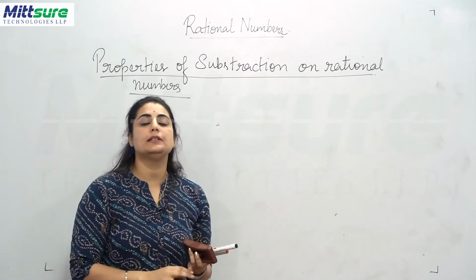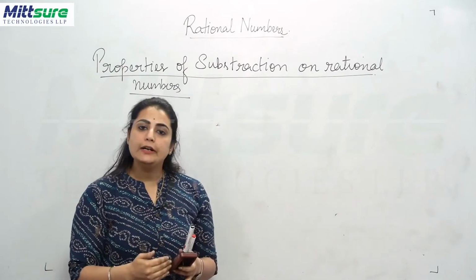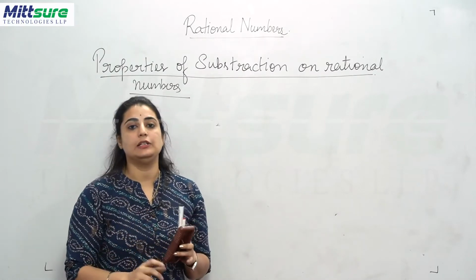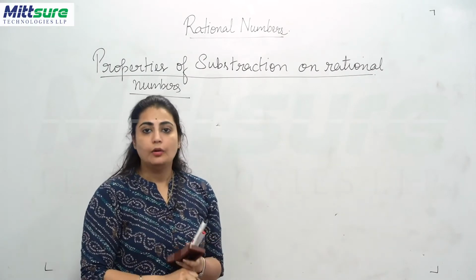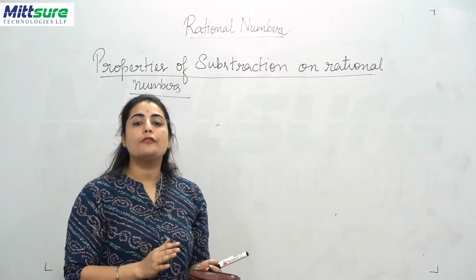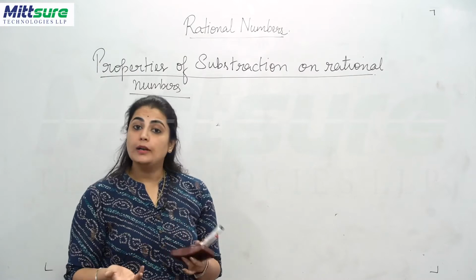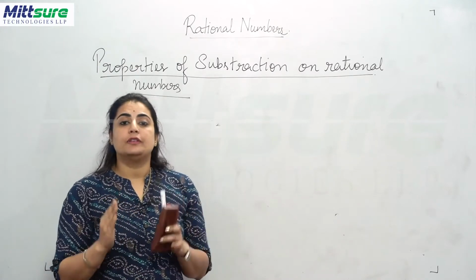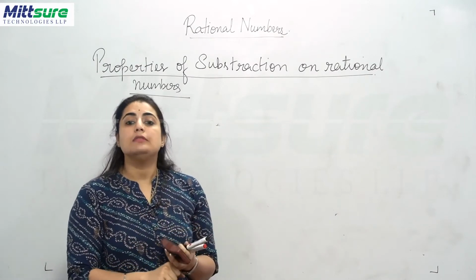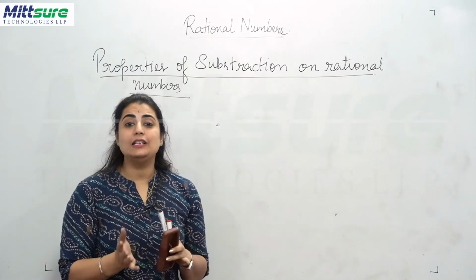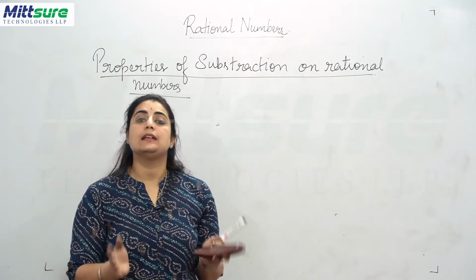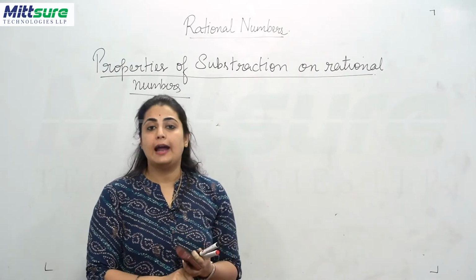Because in rational numbers, the numerator and the denominator are integers only. So whenever there are operations involved with integers, either subtraction or addition, the change of signs takes place. Then sometimes two rational numbers with similar signs are added instead of subtracted, and two rational numbers with different signs are subtracted even if we are adding them.